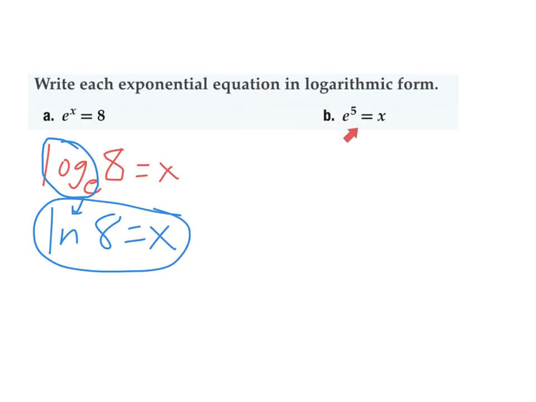Now, that being said, go ahead and do B, rewriting this in logarithmic form. Understanding since there's a base E, there's going to be a natural log in your answer. So, this really would be log base E of x equals 5. And so, since that is the natural log, which is log base E, that's what you should get for your answer. How many had that? Okay, so that's good.